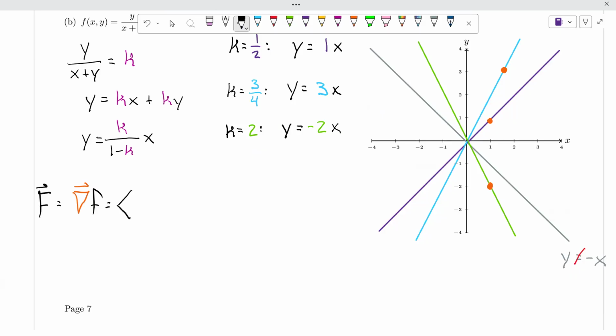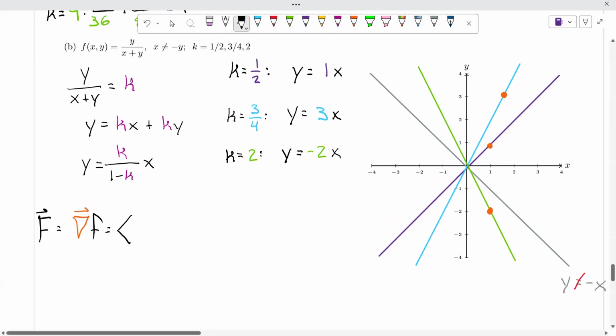I need some derivatives. Specifically, I need derivatives of y over x plus y. Well, if I'm just doing an x derivative, not much to it here. It looks like it's going to be negative y over x plus y squared.